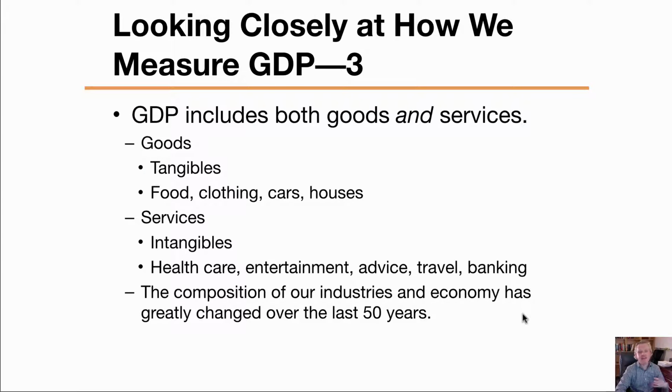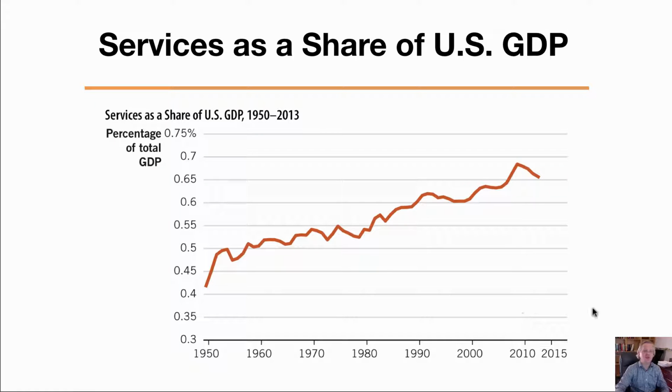The composition of industries in the economy has really changed a lot over the last 50 years, especially in the United States. If you look at services as a share of the U.S. economy, it's gone from just above 40% in 1950 to almost 70% in 2009, 2010, something like that.